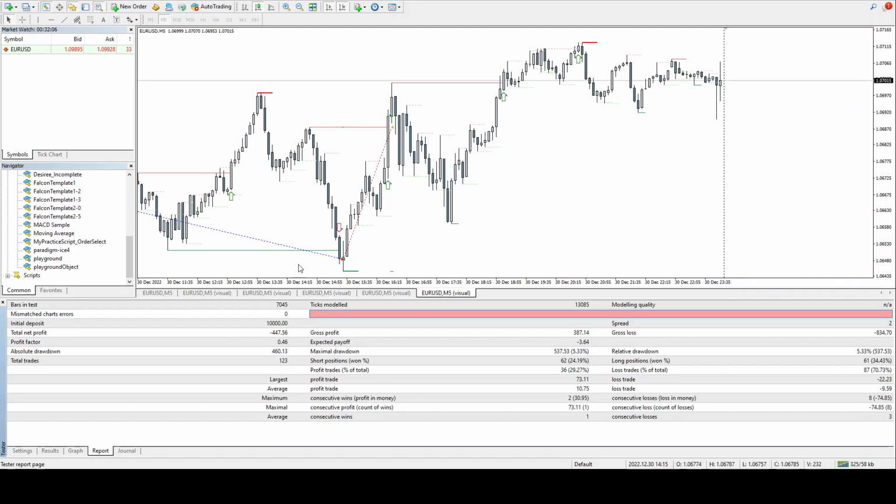So you can see December results are really, really bad. We had a loss of 4.4% in December without the Q zone filter.